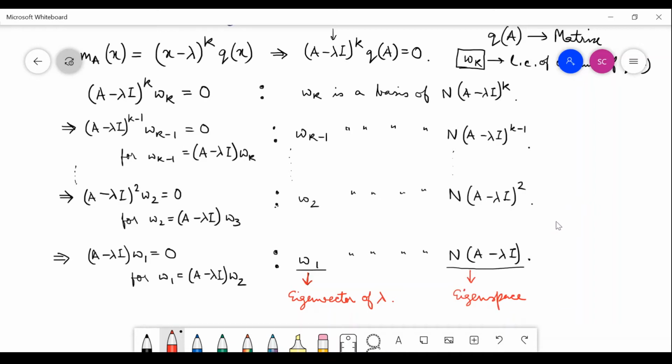Now I will call this series of spaces generalized eigenspaces, and the basis vectors corresponding to these eigenspaces generalized eigenvectors.